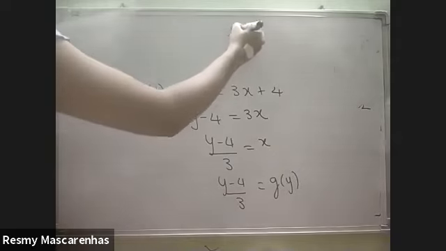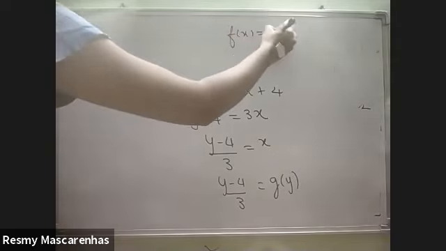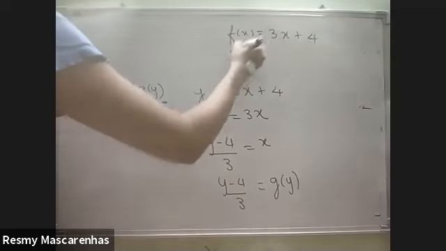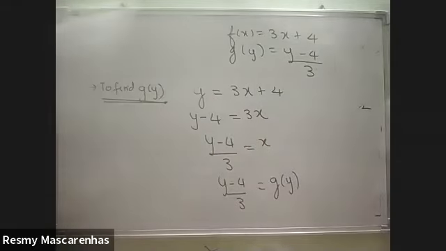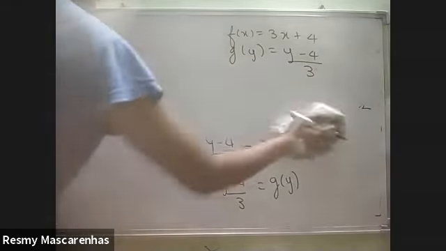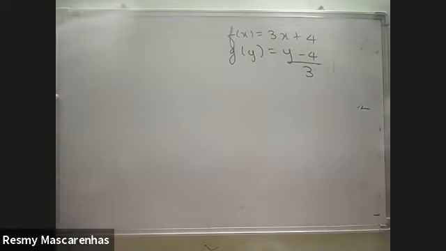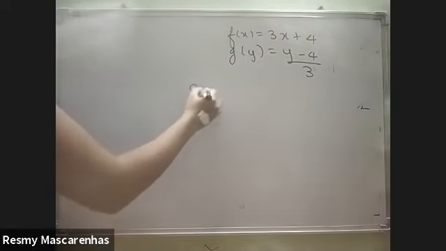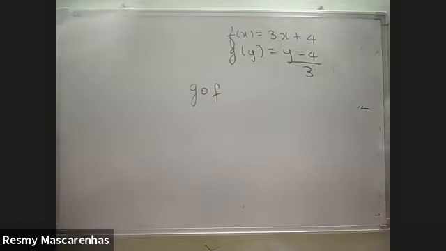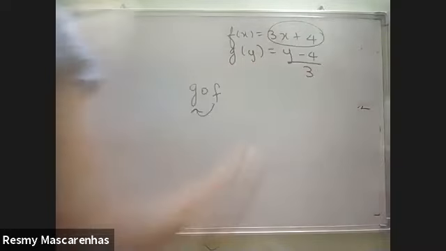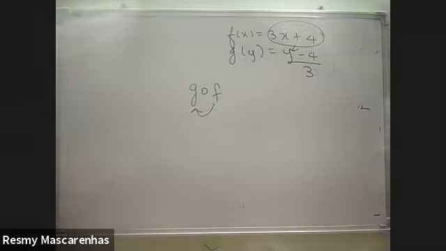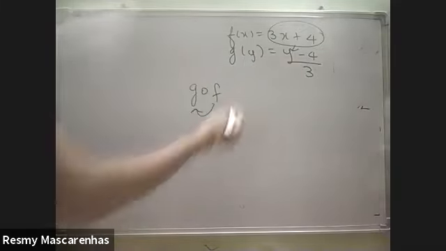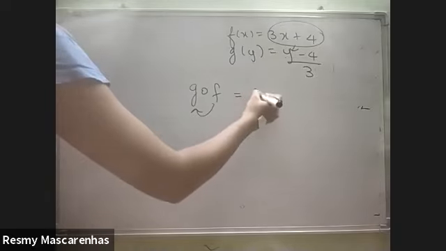I'll write here F of X is nothing but 3x plus 4. G of Y, what you got is this. Now we can find GoF first. So we have to substitute F in G. Instead of Y, the whole function will come.